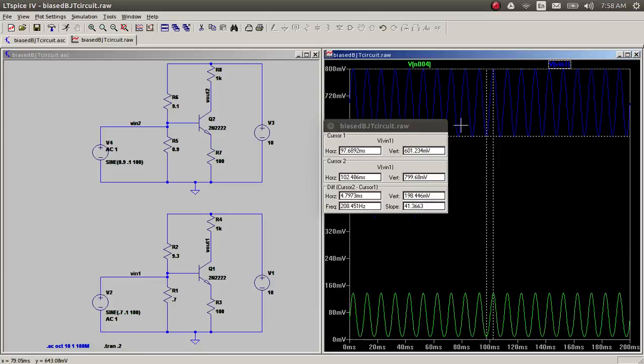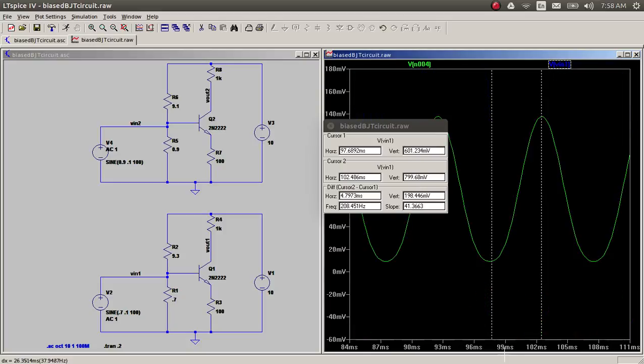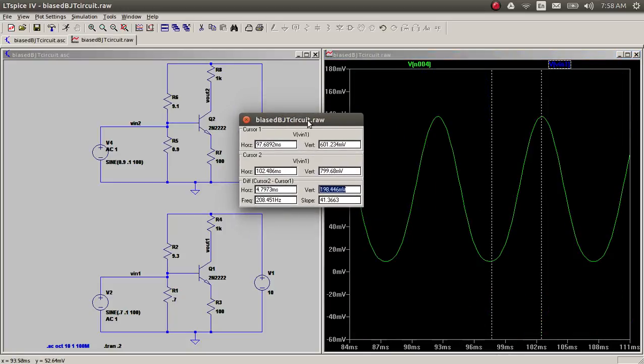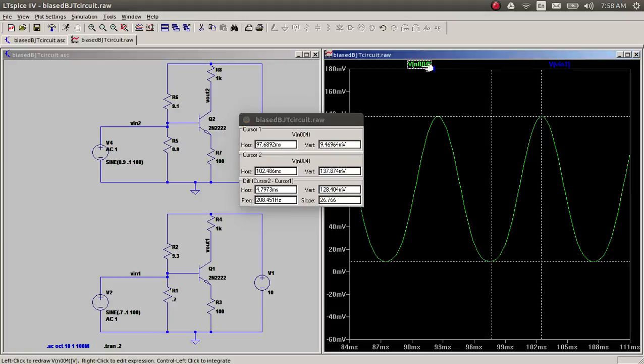Now if you look at the output, there are a few things we can see. The first, that the waveform doesn't quite look the same. It definitely looks a lot fatter here than it looks here, so there is some amount of distortion.